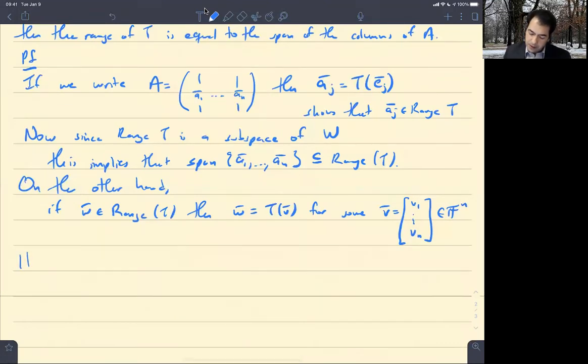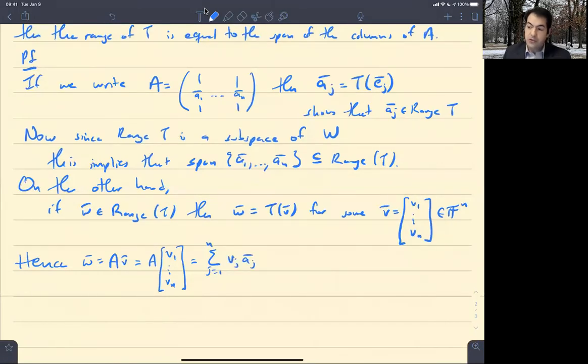Right, but then W is equal to A times V, because A is the matrix representing the map T, and if you do A times a vector, remember that one of our interpretations of matrix vector multiplication is that this is the linear combination of the columns of A with coefficients Vj.